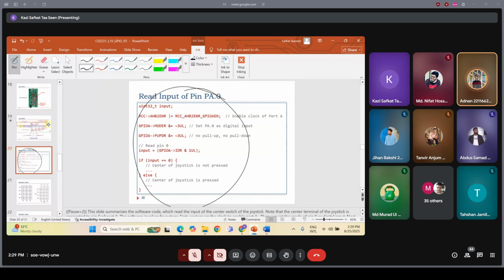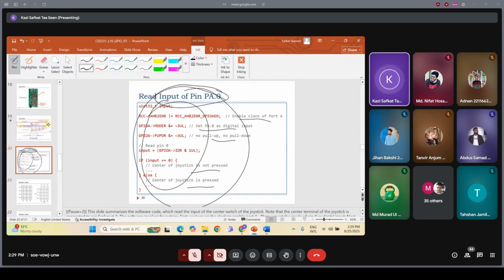So what can we expect from here? The steps that are involved. Also, if you are given a configuration, how you would read the input from a pin. Here, what was the configuration? Your center button was connected to this pin, right?